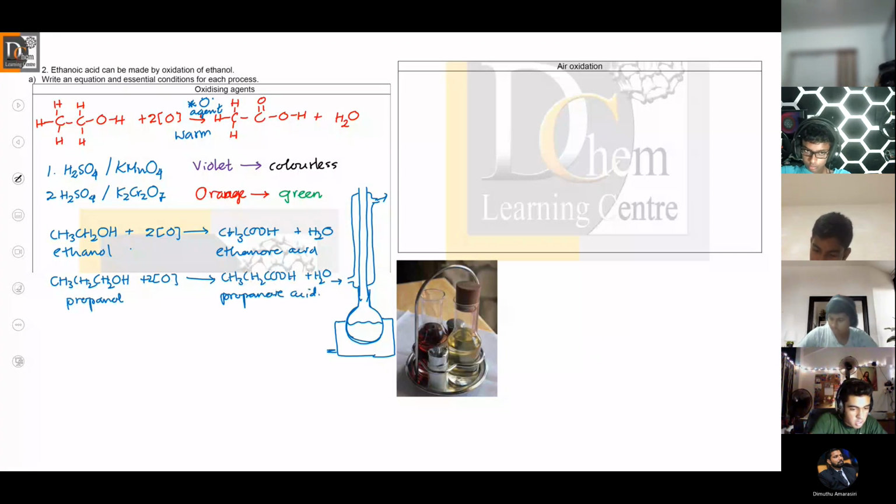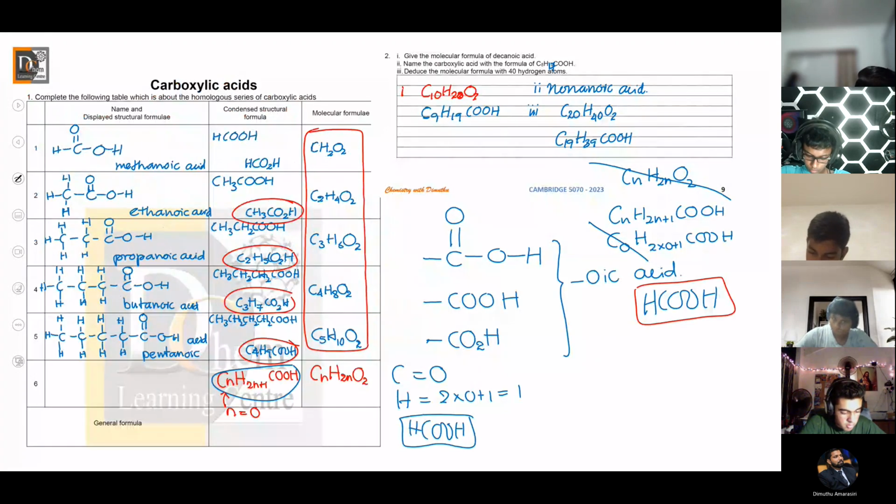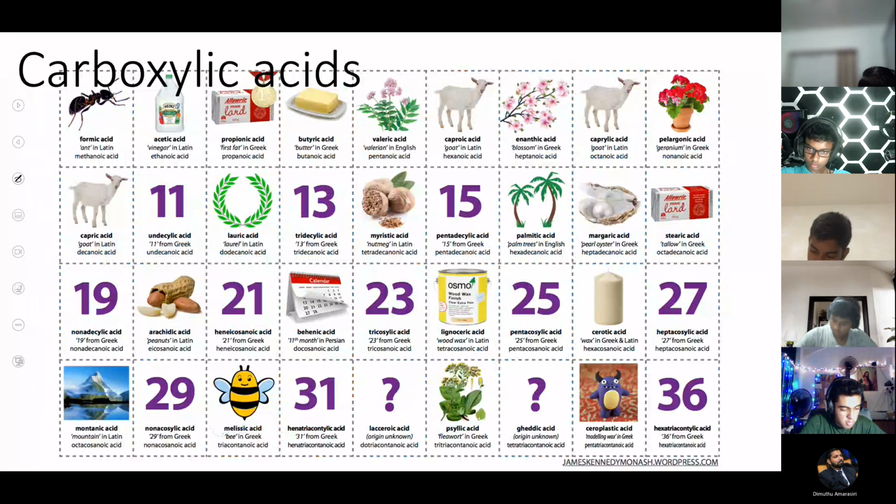Okay, now quickly write down the reaction. In the table of acids you saw, the bottom ones had over 10 carbon atoms, and there are names for those too. Pentadecanoic, hexadecanoic.